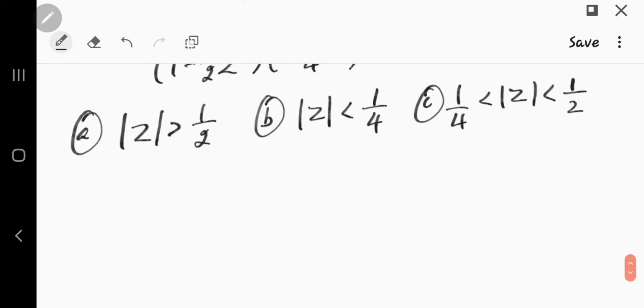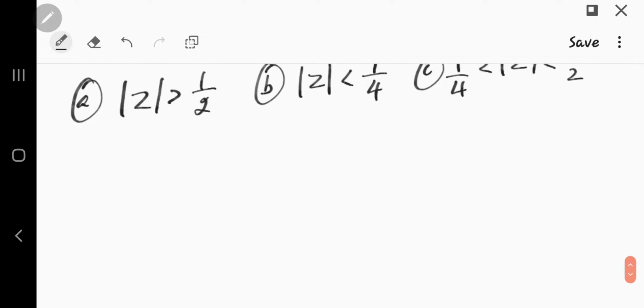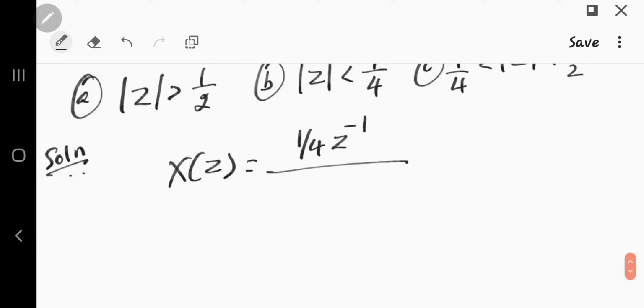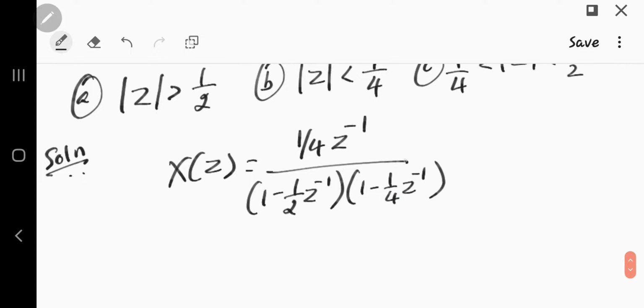Okay. So first we apply the partial fraction expansion here. Given X of z is equal to 1 by 4 z inverse divided by 1 minus 1 by 2 z inverse into 1 minus 1 by 4 z inverse.